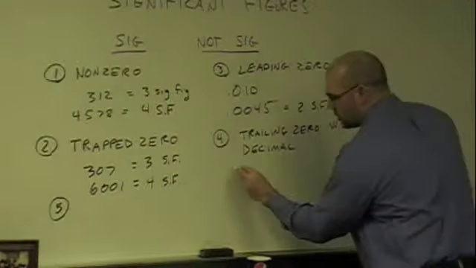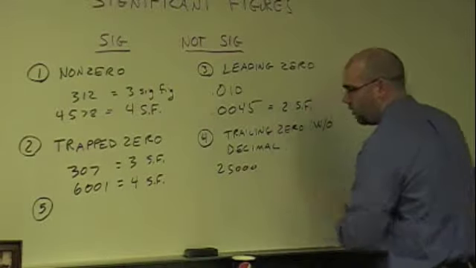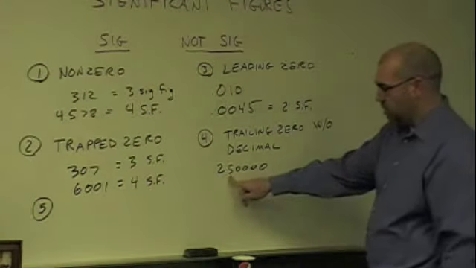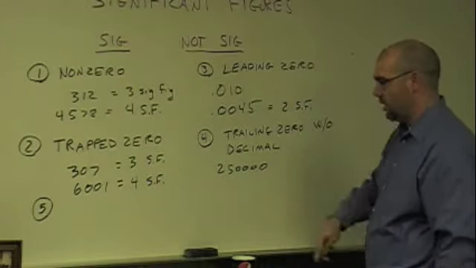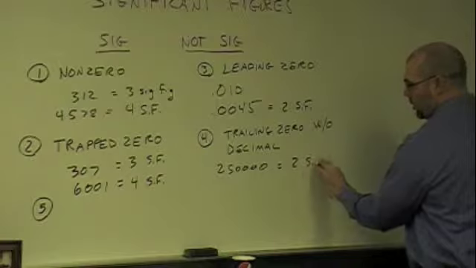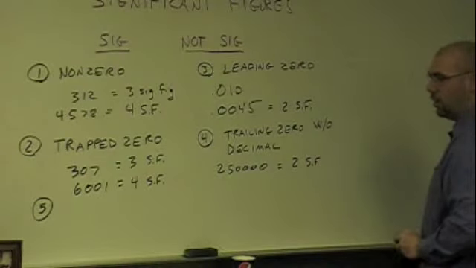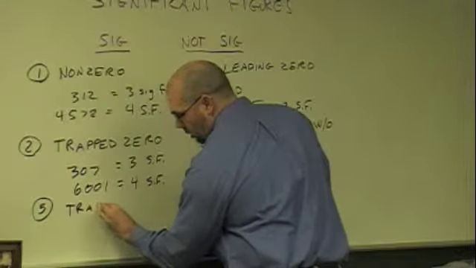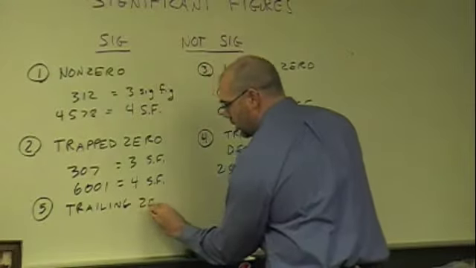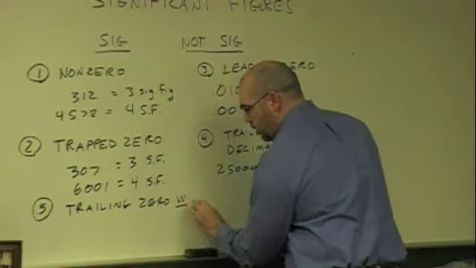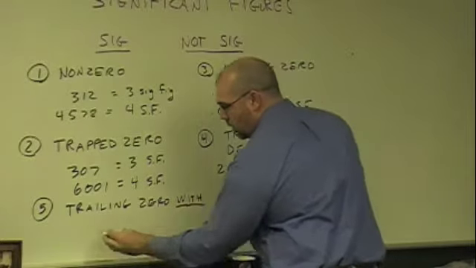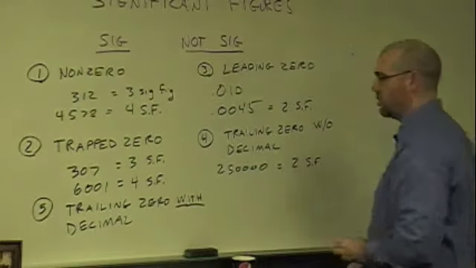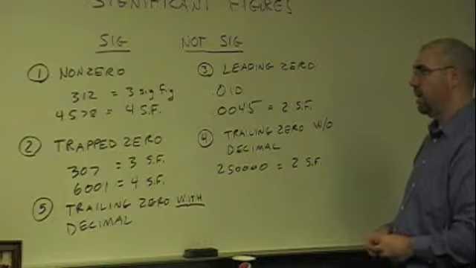In other words, we're talking about 250,000, which was rounded to this place, which means there's only 2 sig figs in this number. Now, if we put a decimal in there, that trailing zero is showing where we rounded to. So trailing zeros with a decimal are significant. We'll go over some problems with that in a second.